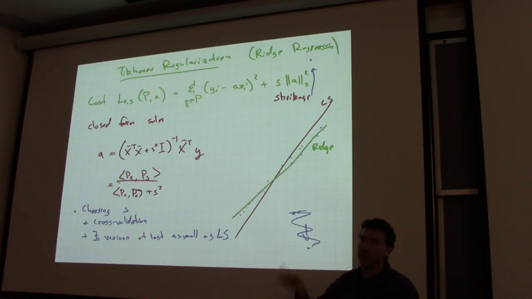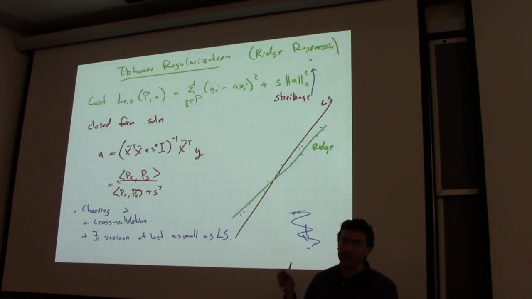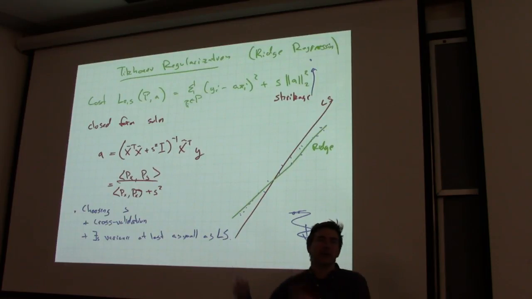If you don't know what cross-validation is, it's really important. We'll have most of a lecture on it later in the semester. Cross-validation allows us to choose parameters like this, and also predict how well we'll do on new data by holding out some data and using that to choose these parameters.